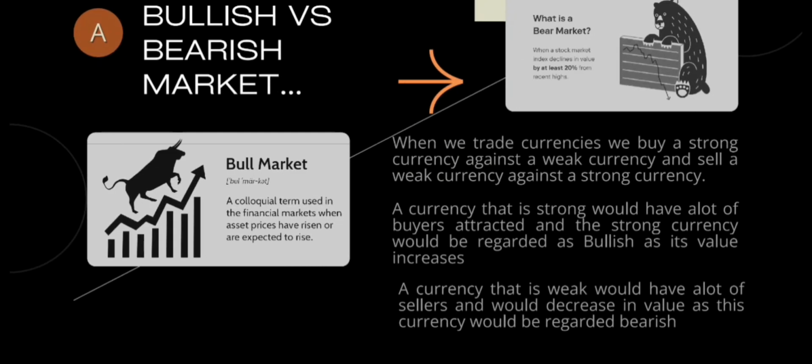And also here, on the flip side, bearish means you think the market is going to go down. Bears are cautious and pessimistic. They expect prices to drop. If you're bearish on Bitcoin, you believe its price will fall soon or it will go down. These terms naturally come from animals.